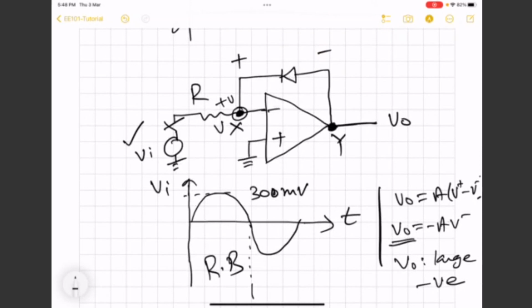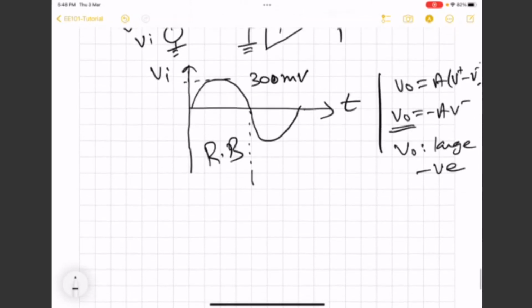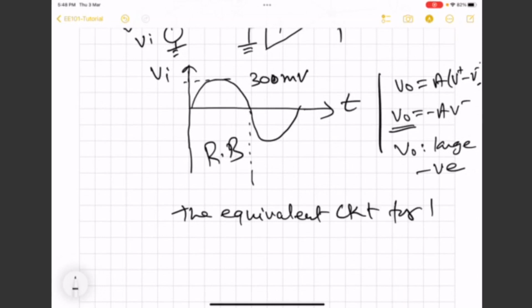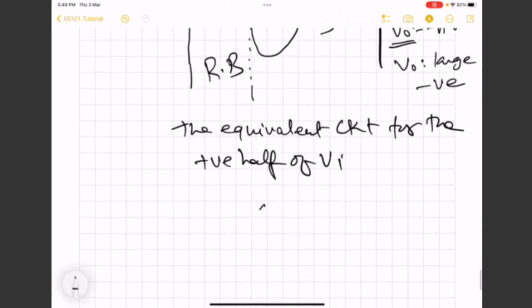If it is reverse biased, the equivalent circuit for this half is going to be like this.